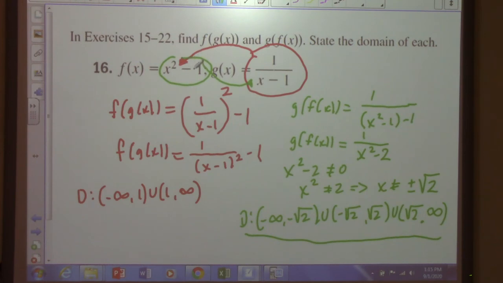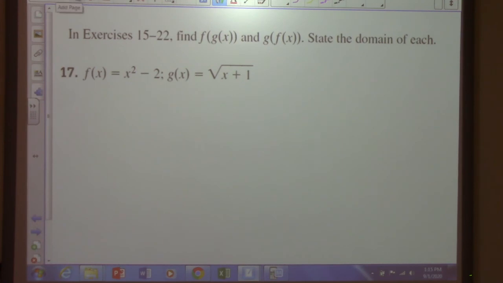They're two separate equations, you don't plug in the other one. So they're separate problems, right? Yeah. Okay.